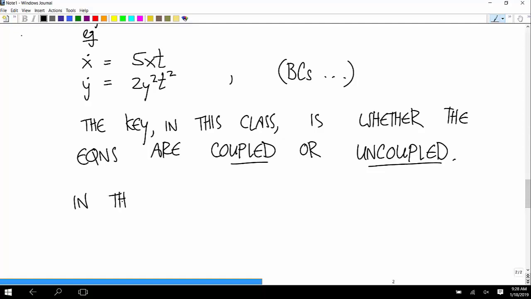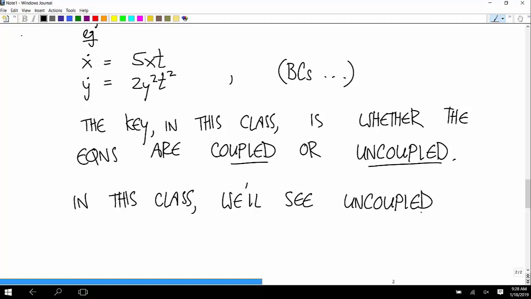In this class, we'll only have to deal with uncoupled equations. So what that means is that, let me make that a semicolon.